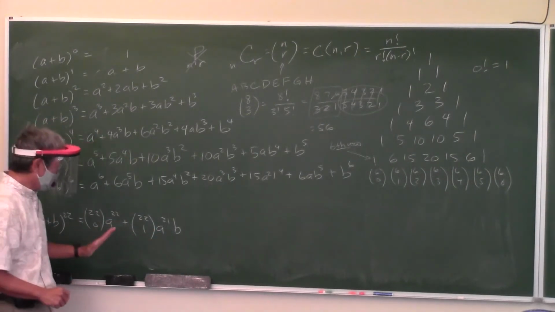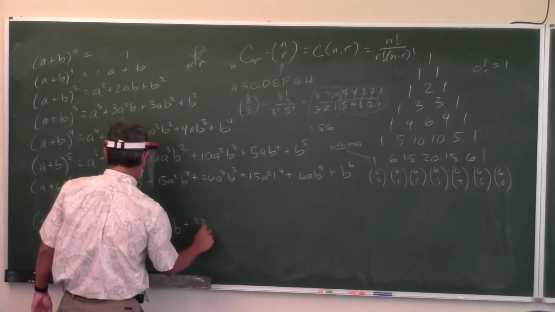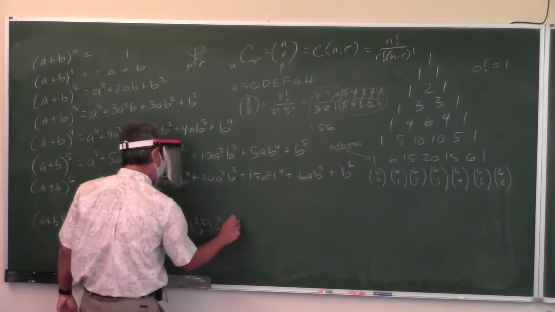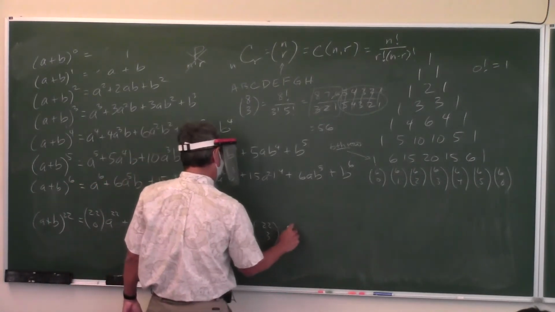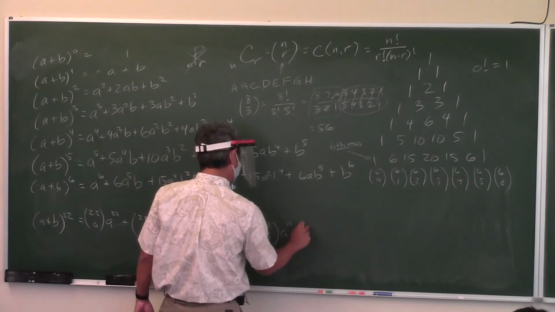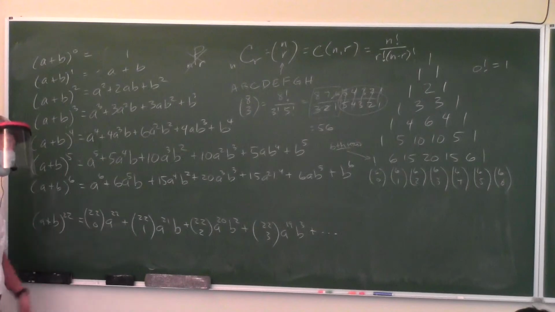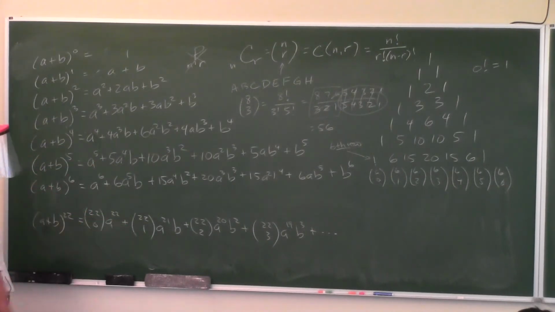Remember we told you the powers of b are going up by 1? 22 choose 2, a to the 20, b to the 2, 22 choose 3, a to the 19, b to the 3, and there will be 23 of these, but I'll ask you for the first 4. There you go.